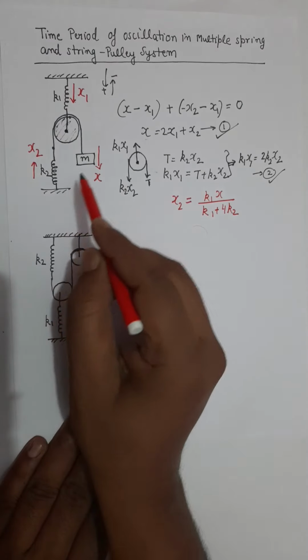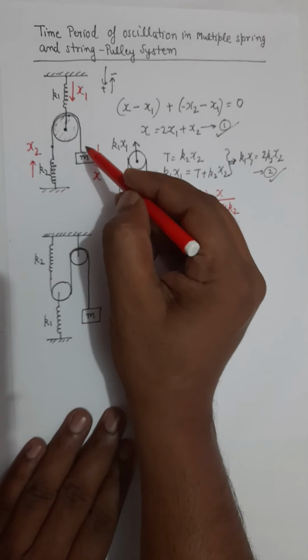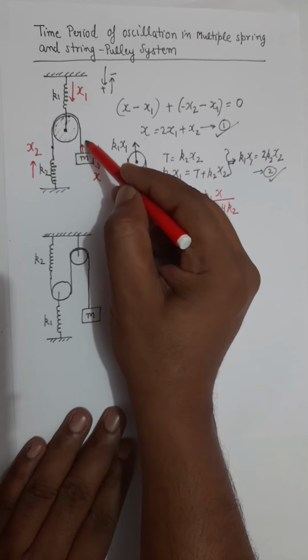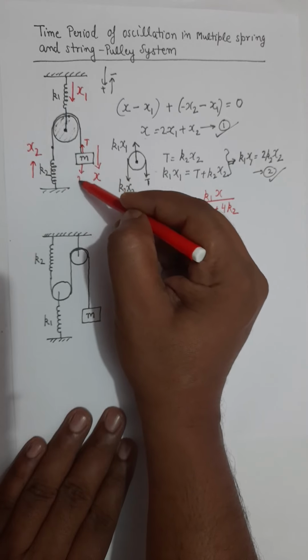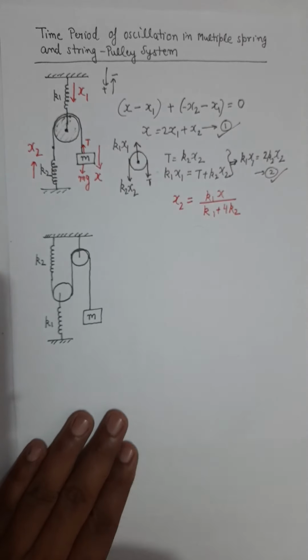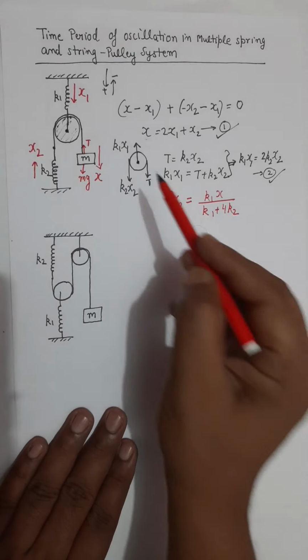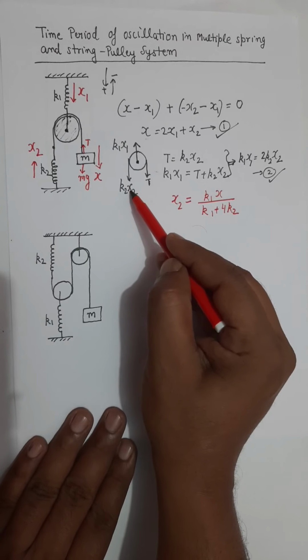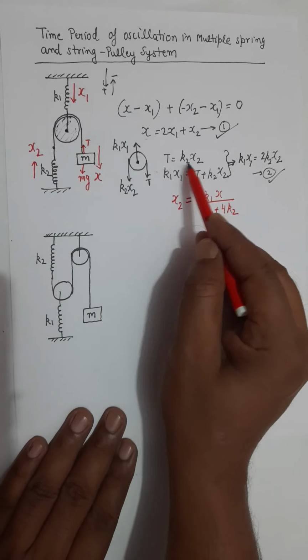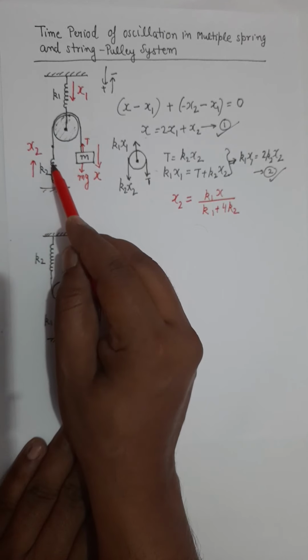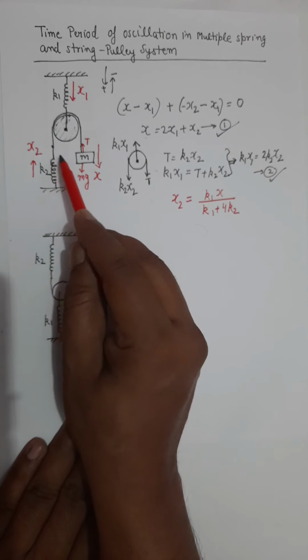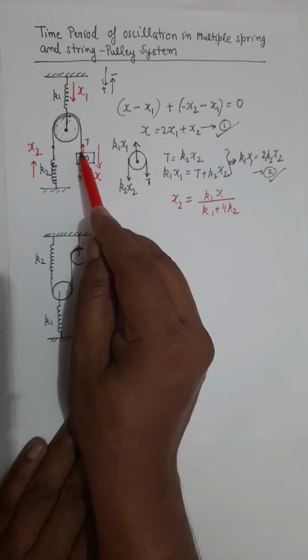Now notice that this mass m will experience a force capital T in the upward direction, and mg. As we discussed in our previous video, we are interested in the unbalanced part only. T equals k2x2, so any force in this spring will reflect on the other side also.